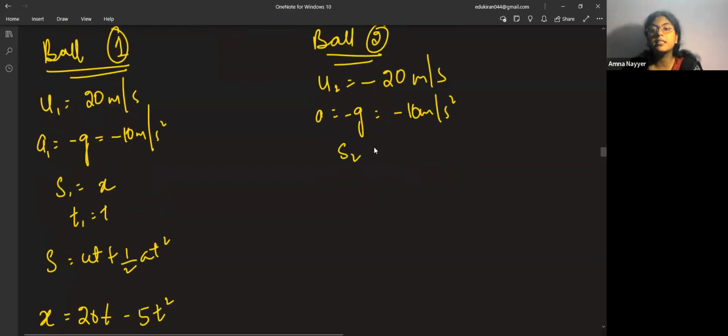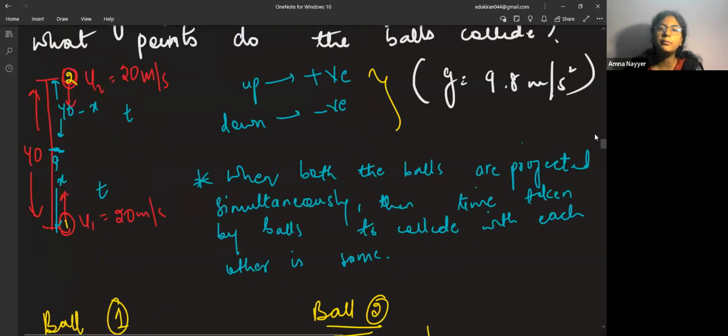And displacement. Abdullah, can you tell me the displacement for ball 2?